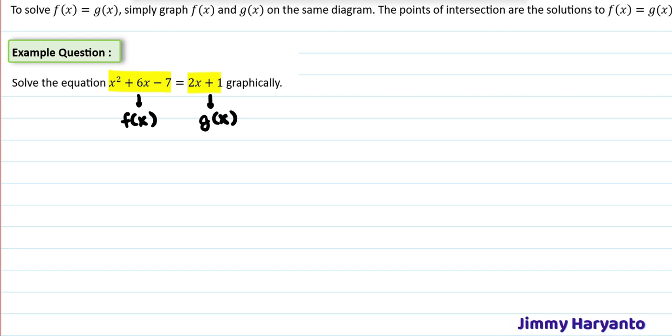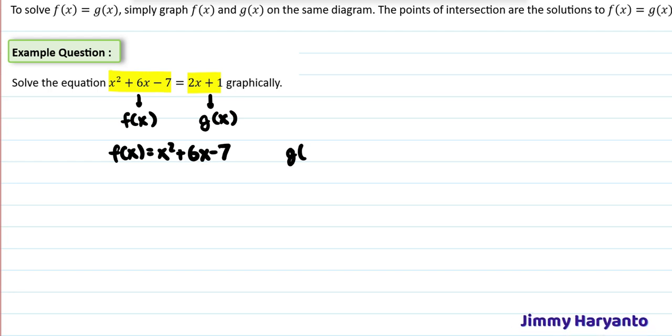So there are two graphs that we have to draw. Yeah, the first one is f(x) equals x squared plus 6x minus 7. And the second one is g(x) equals 2x plus 1. The calculation for this one is in the previous example question, so I will not calculate this anymore.